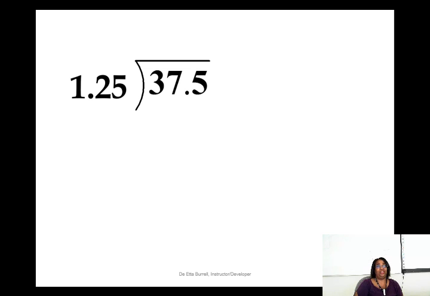Now, what am I going to do here? I have to take care of my decimal. What am I going to do? How many places? Yeah. No, it's 2. To get this to be a whole number, I have to go 2 places. So that means I need to go 2 places here as well. Now, what am I going to do with this empty curly Q here?